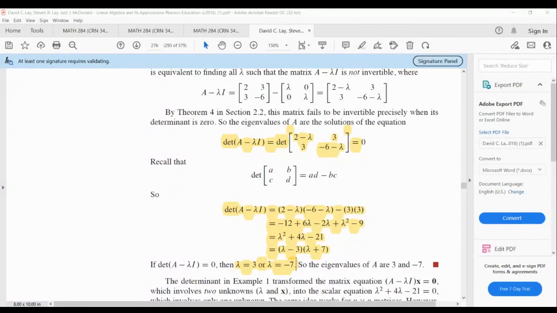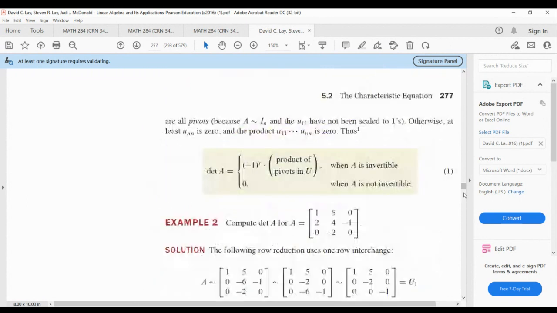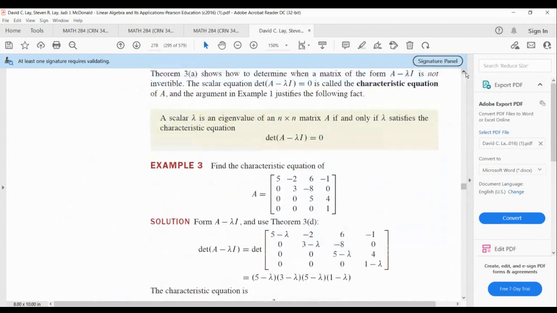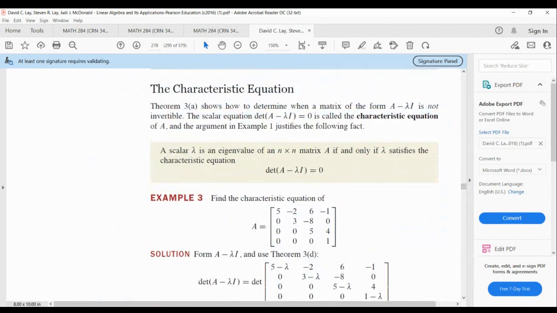Okay, so that's a very simple example. And again, what we did here, if I just go down a little bit, is we used the characteristic equation, which is the determinant of A minus lambda I being set equal to 0, to get the eigenvalues.